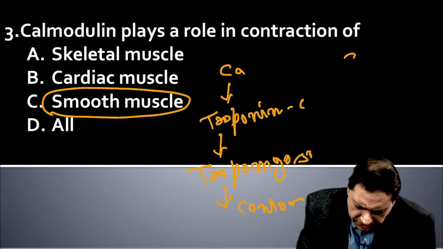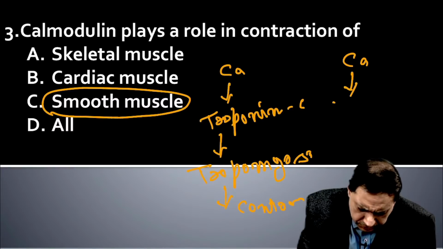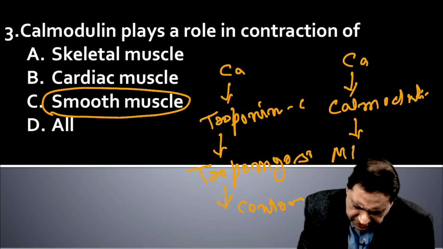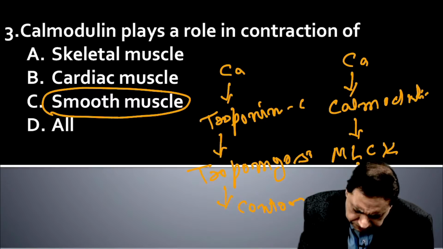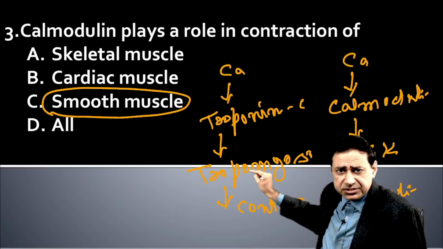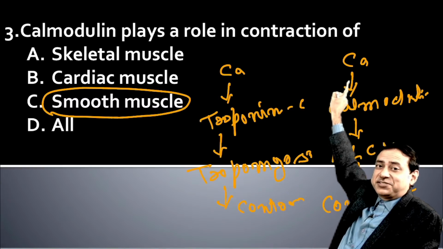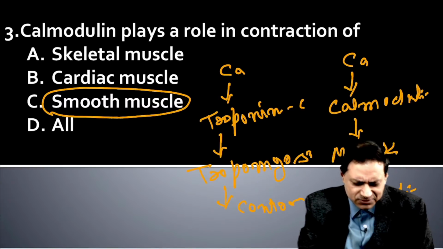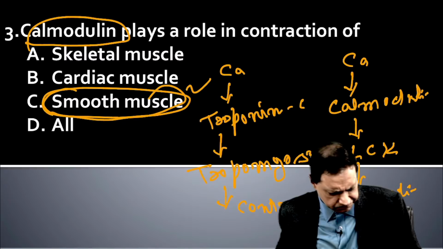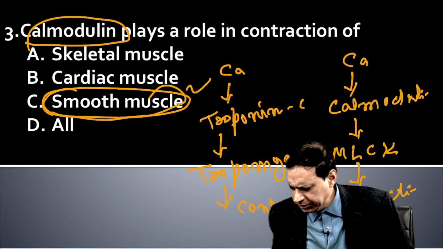But in smooth muscle, calcium will combine with calmodulin, and this will activate myosin light chain kinase, which will lead to contraction. So in skeletal and cardiac, troponin C, tropomyosin, then contraction. But in smooth muscle, instead of troponin C, it is calmodulin. This question was missed, I think. It's okay.